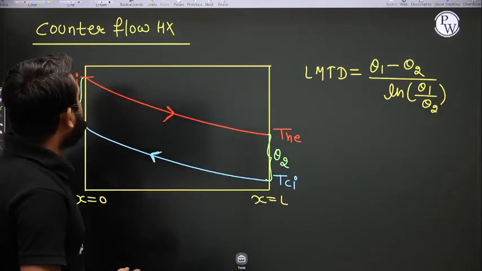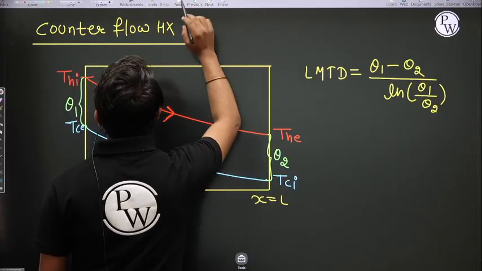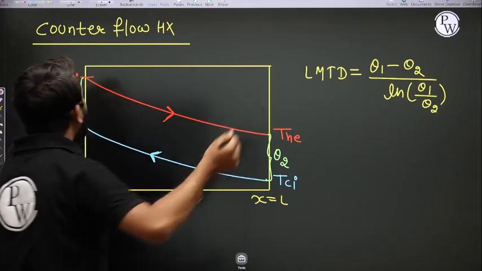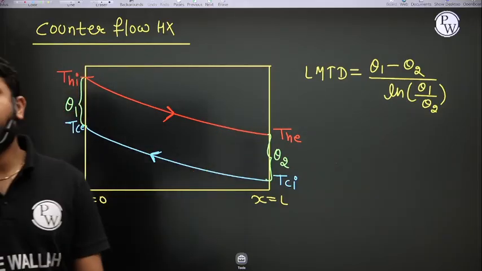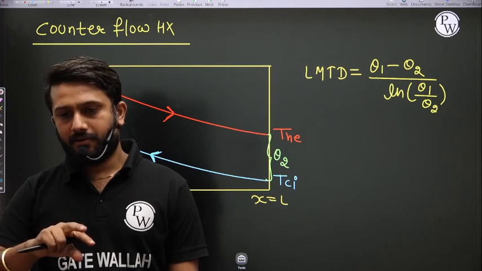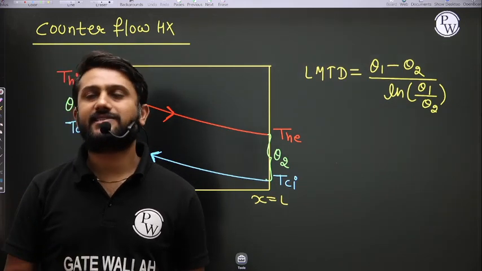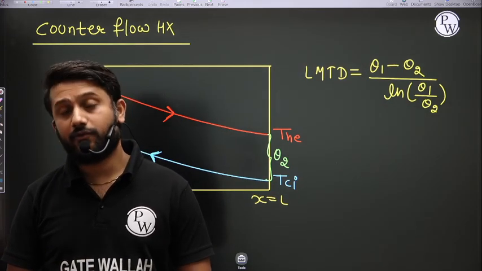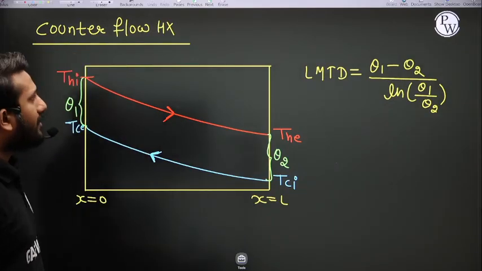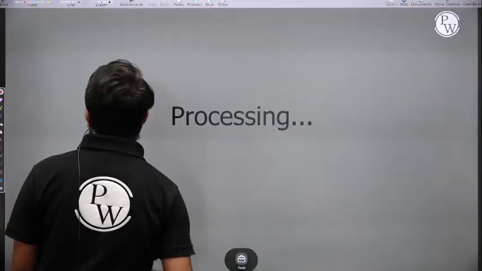Okay. Now I am comparing the LMTD of the parallel flow heat exchanger and the counter flow heat exchanger under certain constraints. What are those constraints?